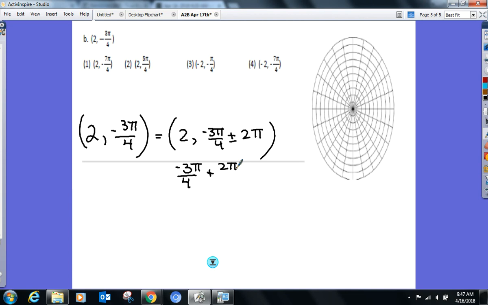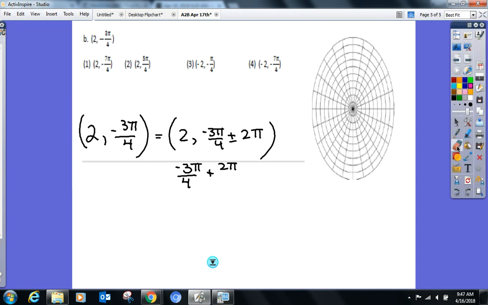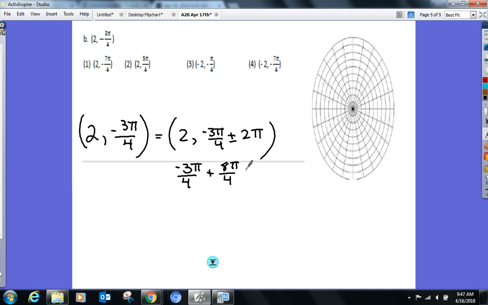So if it's 4, I got to multiply the top by 4, right? Which would turn this into 8 pi over 4. And what's that turn into? 5 pi over 4. So you know one coordinate that's the same as 2, 5 pi over 4. Hey!